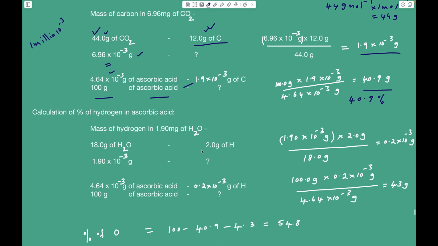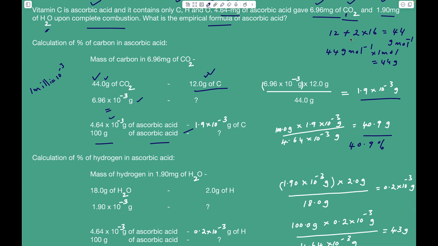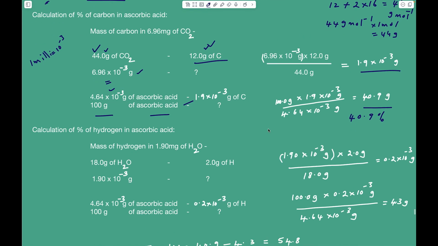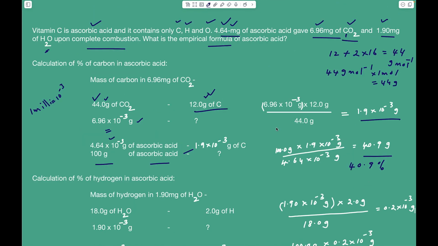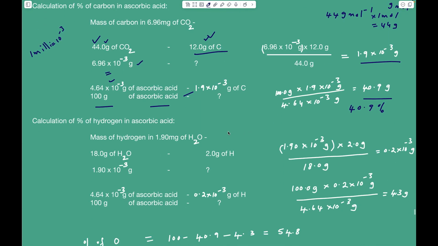And you do the same with the amount of water vapor produced. See, the molar mass of water molecules is 18 approximately. That is 2 times 1 plus 16 gram per mole.